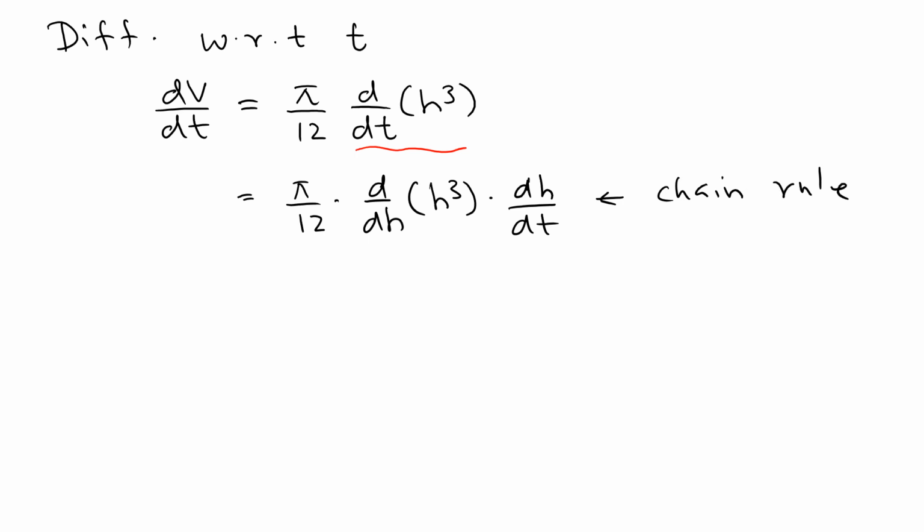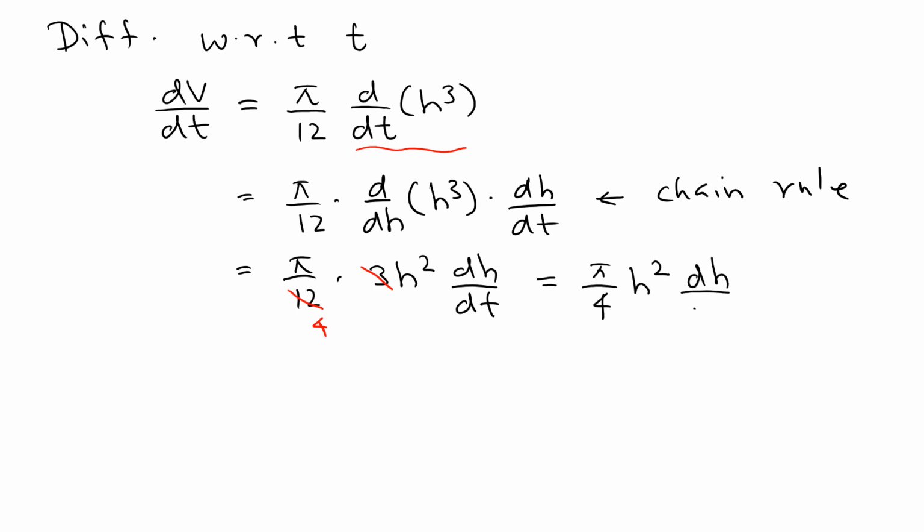Okay, and if you finish the differentiation, you're going to get pi over 12, and the derivative is 3h squared dh over dt. If you simplify, one of the 3s gets cancelled, so you get pi over 4 h squared dh over dt.